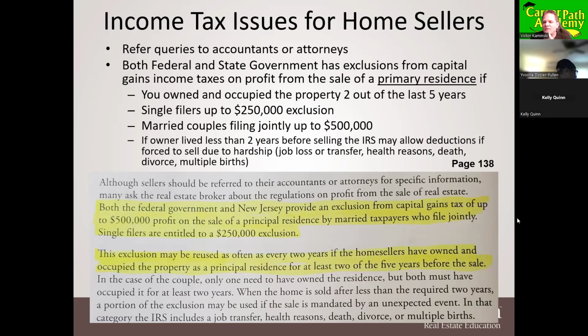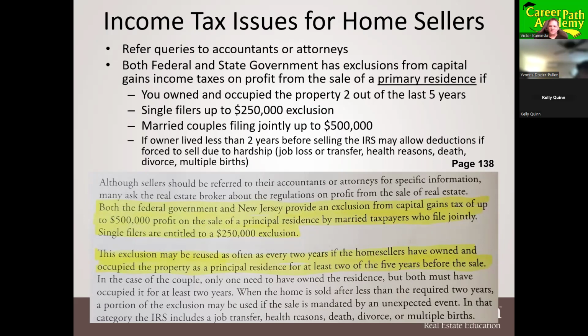That both the state and federal taxes offer for married couples filing taxes jointly a $500,000 capital gains tax exclusion and $250,000 for single filers. And you can reuse this as often as every 2 years, as long as you lived in that house for at least 2 years. So basically, if you got it in you, you could buy a new house every 2 years.